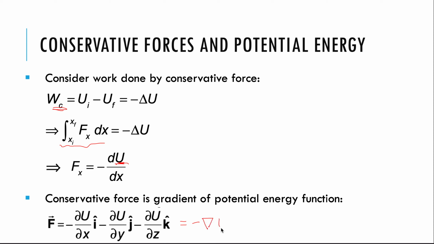So the force is the gradient operator applied to the potential energy function. It's a really cool thing that if you have a potential energy, then that means there is a conservative force acting on that system to change that potential energy.